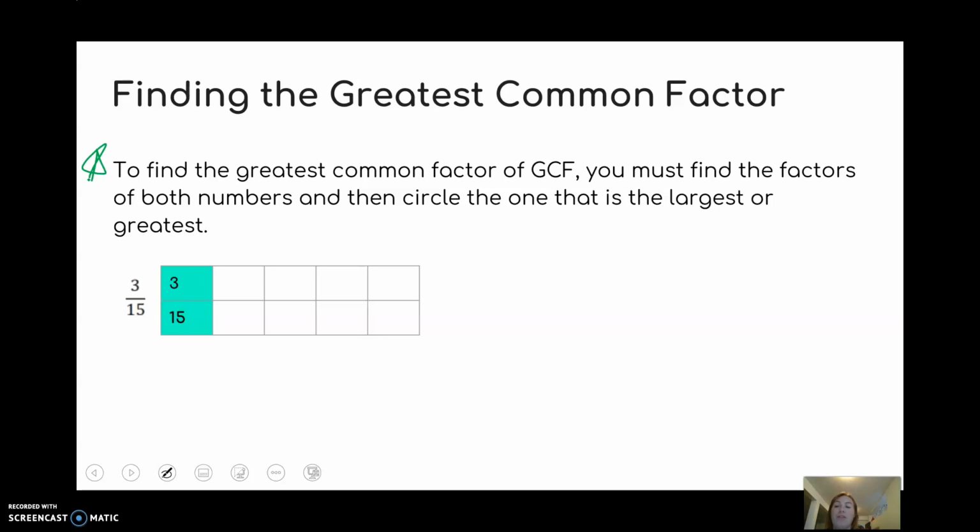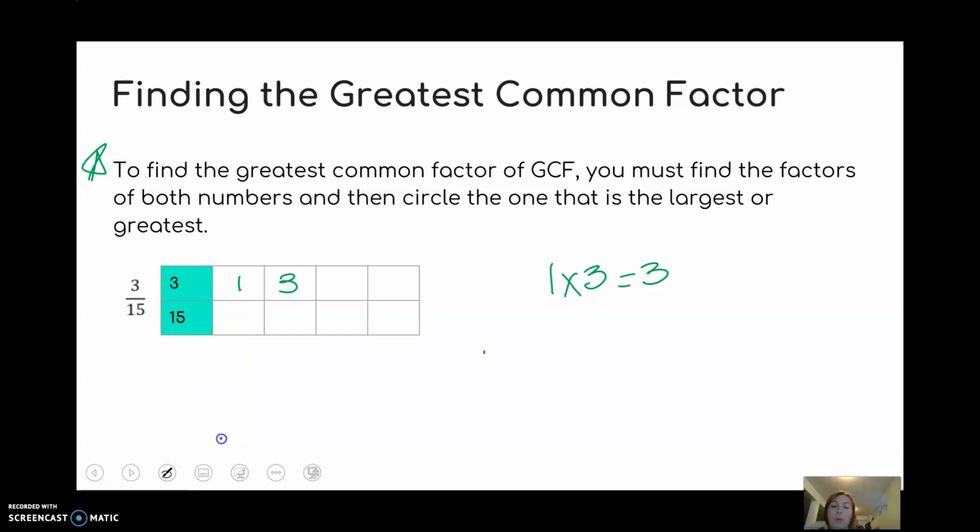So let's do our factors of 3 first. I know that 1 times 3 equals 3, and 2 doesn't go into 3, and that's it. So the factors of 3 are 1 and 3. Let's do the factors of 15.